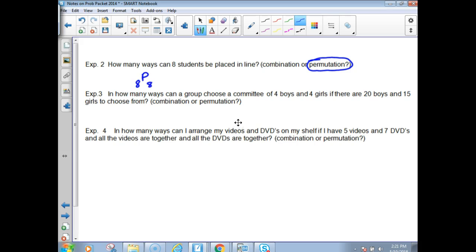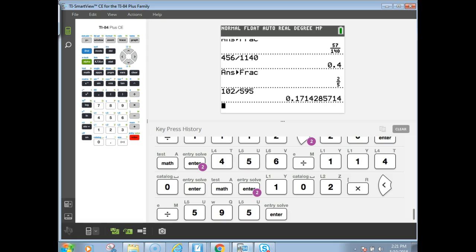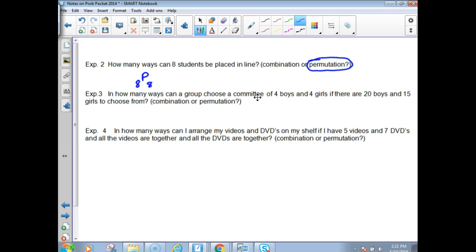Now, 8 permutations of 8 people. This way you could calculate it on the calculator, but I want you actually to see something before I tell you how to do it on the calculator. The formula says that a permutation is n factorial, which would be 8 factorial, over n minus r factorial. The first number, 8, is n, and the second one is your r value.